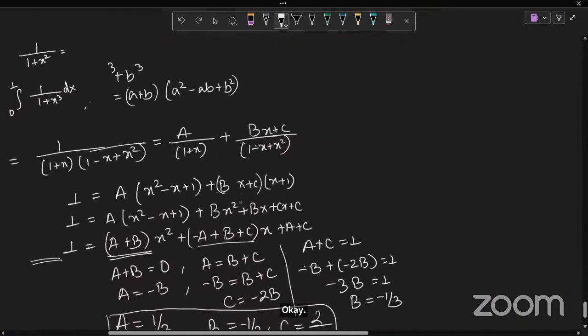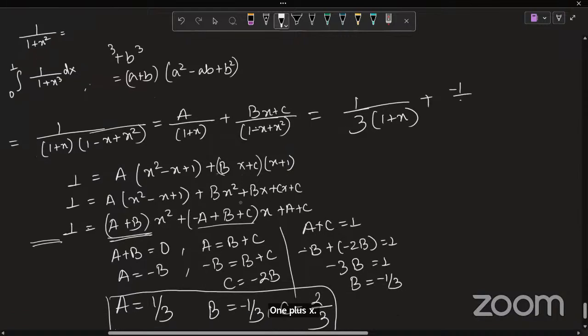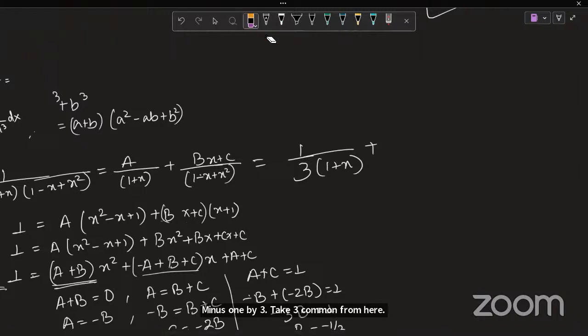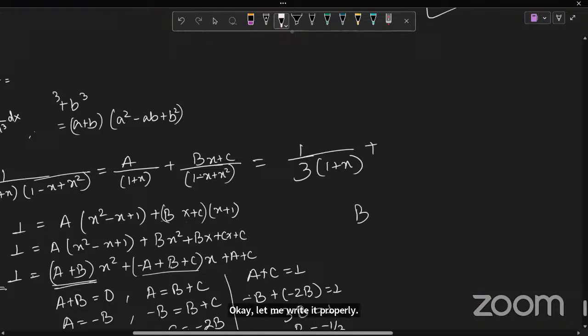And just directly write it here. It will be 1 by 3 times 1 plus x, minus 1 by 3. Take 3 common from here. Let me write it properly: bx plus c, so it will be minus 1 by 3 x plus 2 by 3, right?